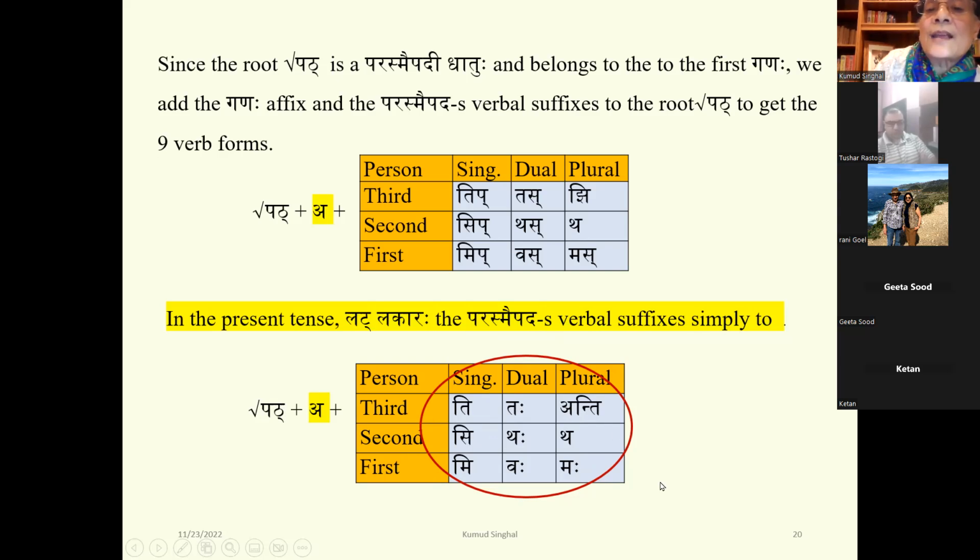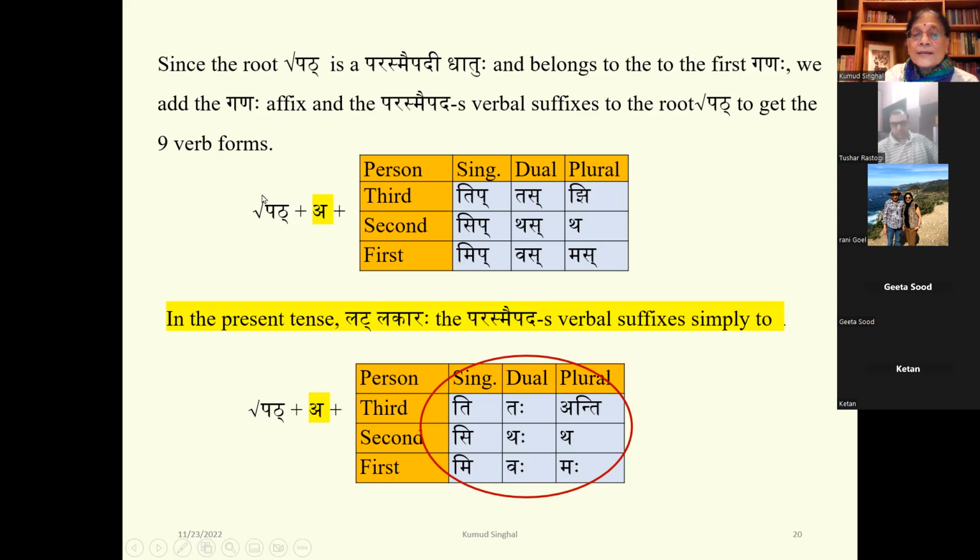Let me go through this slide one more time. This is a very important slide. So the root pat is a parasmaipadi dhatu. It belongs to the first gana. So we add the gana affix to the dhatu pat.